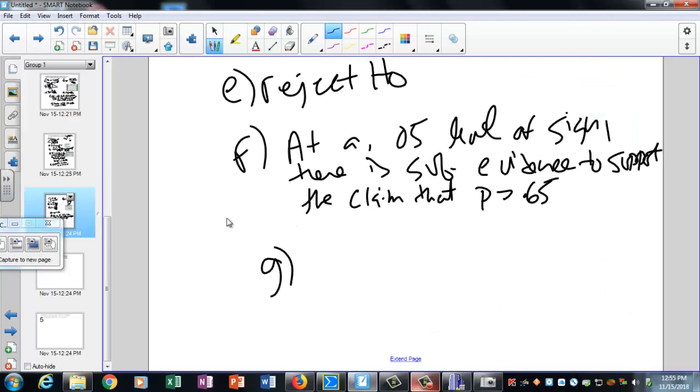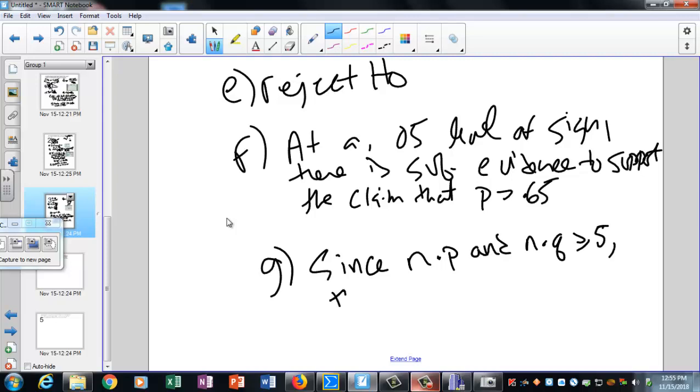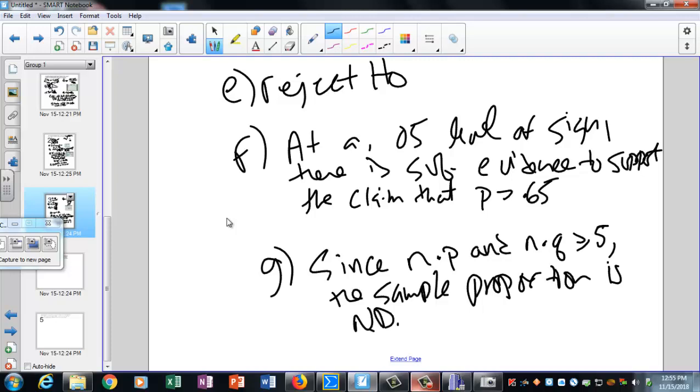Part G, since n times p and n times q are greater than or equal to 5, the sample proportion is normally distributed.